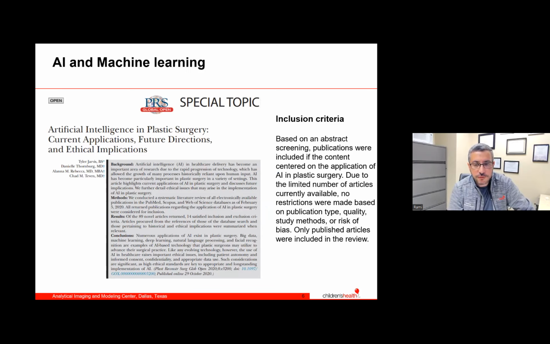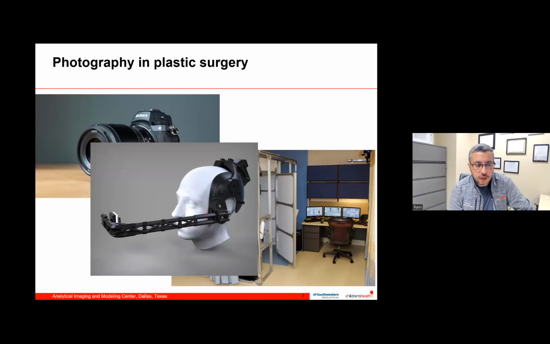So again, artificial intelligence is still lacking in the area of plastic surgery. But we all do a lot of imaging for our craniofacial patients. We use 2D photography, we use 3D photography, and we also use 4D imaging sometimes. But every institution, because it's a specialized medicine, we still don't have enough data.